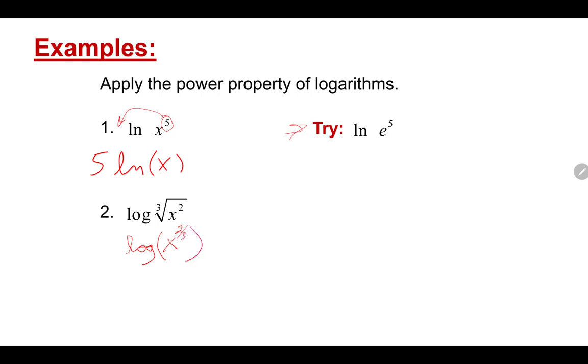So the 2 here comes there, and the index comes here. And remember, if you don't see a number for the index, then it's assumed to be 2. So we have log of x to the 2/3 power. Well, then we can take the 2/3 power and move that down in front. So this is really 2/3 log of x. And again, it's still a base 10.